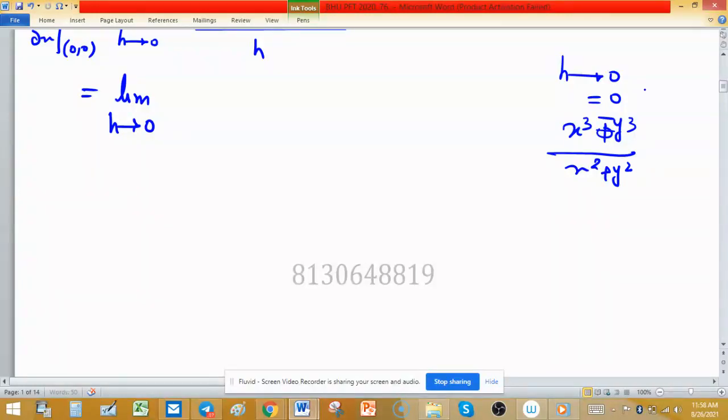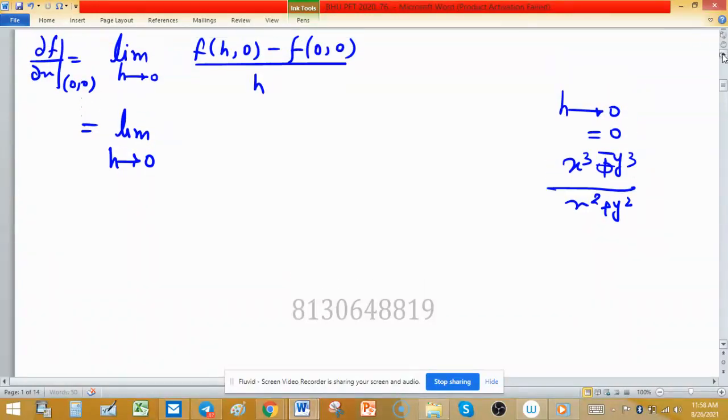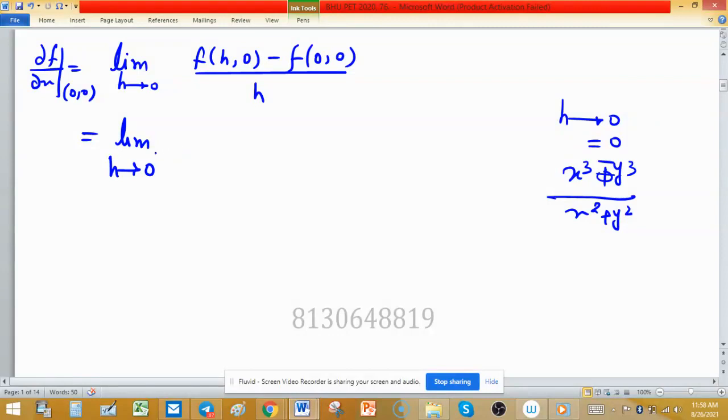Put h and 0 in this, and it will be h cube upon h square, divided by h, which equals 1.